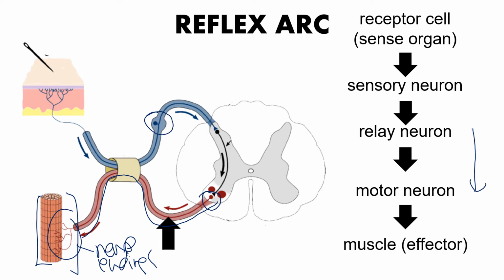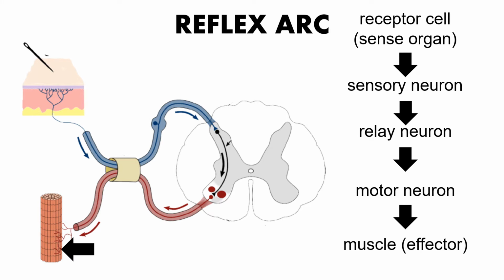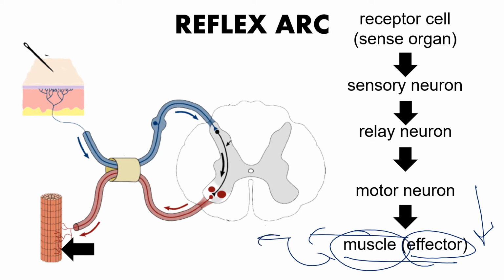After the impulse passes through the motor neuron, it finally arrives at its destination, which is the effector. The effector has two types. The first one is the muscle, and the second one is the glands, such as the pituitary gland and the adrenal gland. Usually these glands will produce hormones, but we are not going to cover that today.